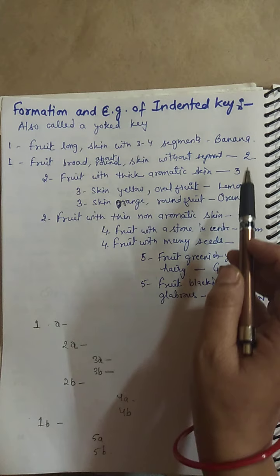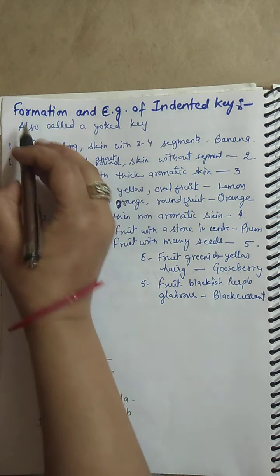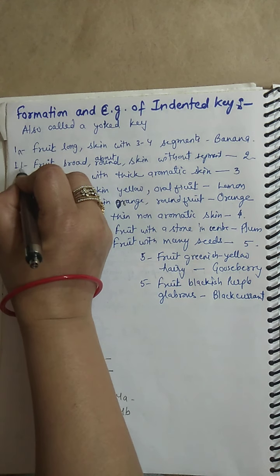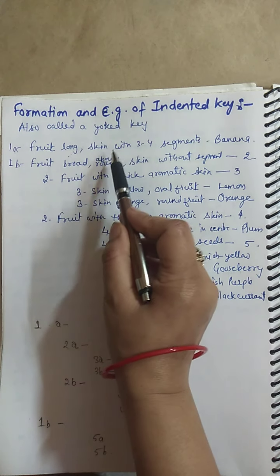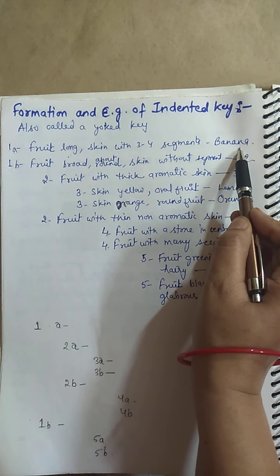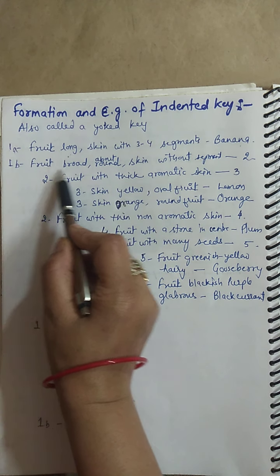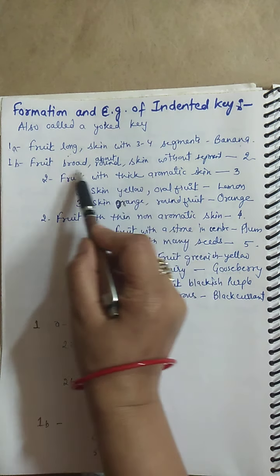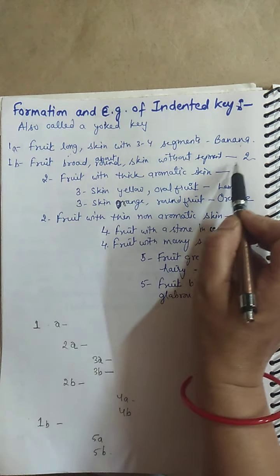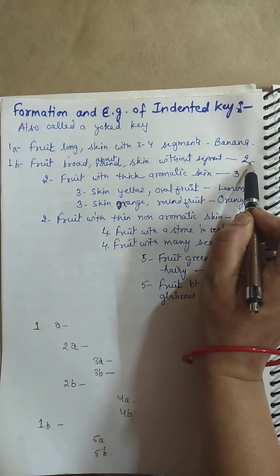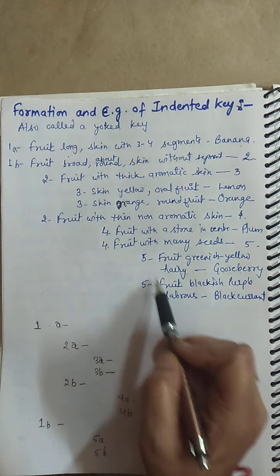For the same fruits, if we form an indented key, number 1 is the couplet and A and B leads are there. Fruit longer than broad, skin 3-4 segments, that we identified as banana. And the second lead, B, has the other fruits, which we are categorizing here in the second, third, fourth and fifth leads.